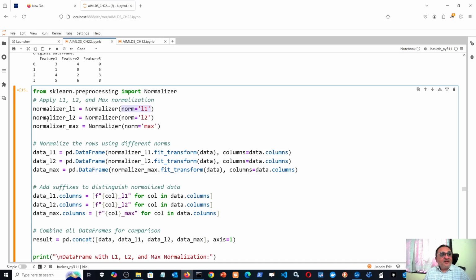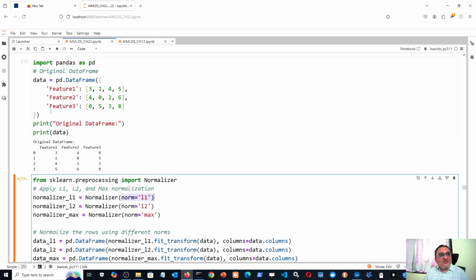Then normalizer L2 is equal to Normalizer norm equals L2, and similarly normalizer max is equal to Normalizer in brackets norm equals max. And you don't need to remember this. You can just write Normalizer and then put a question mark. Then in the documentation you can see what the possible arguments are. So these are the three possible arguments, and that is what we are creating. But this has just created the normalizer object with each type of norm.